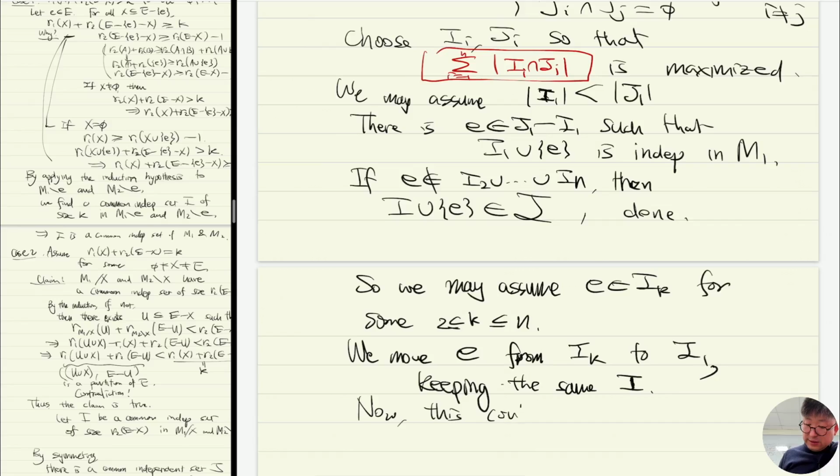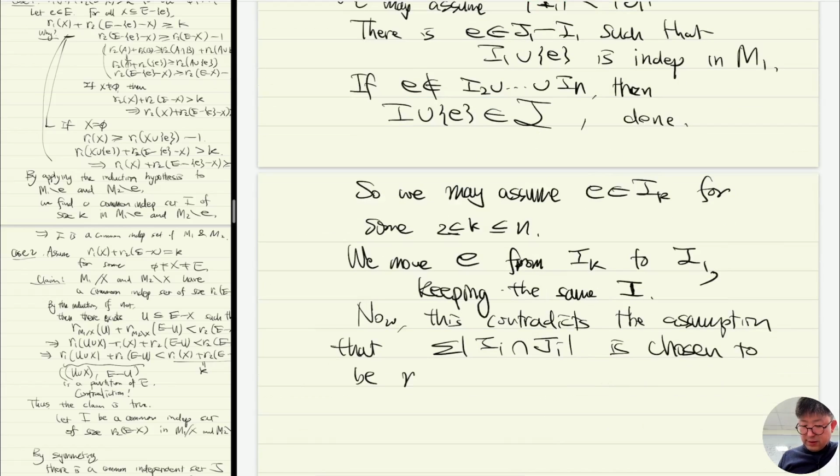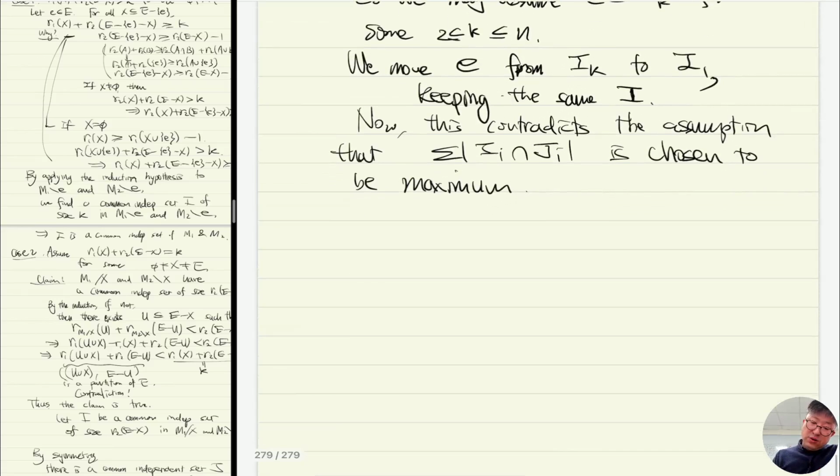This contradicts the assumption that the sum of Ii intersection Ji is chosen to be maximal. Okay, so that's the proof. All right, so now M is a matroid.